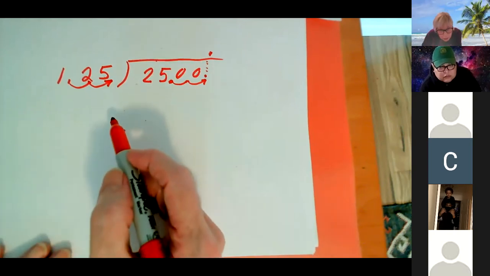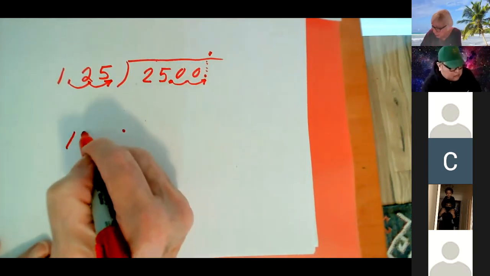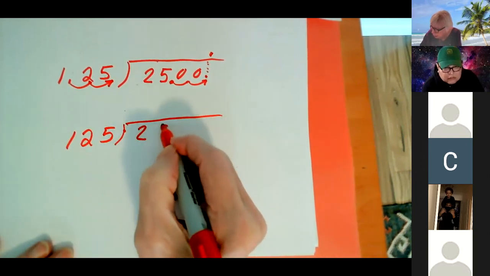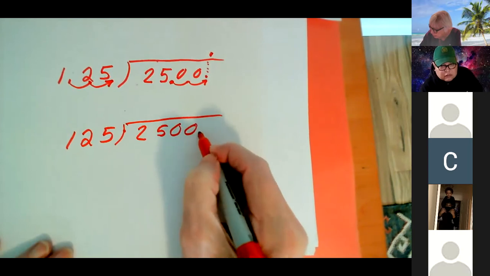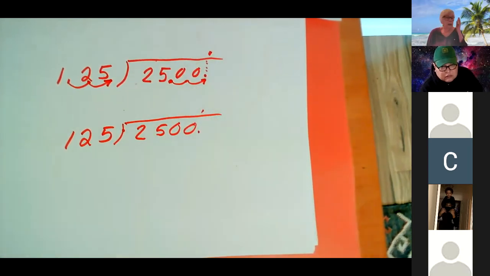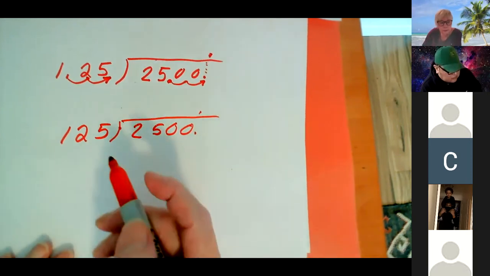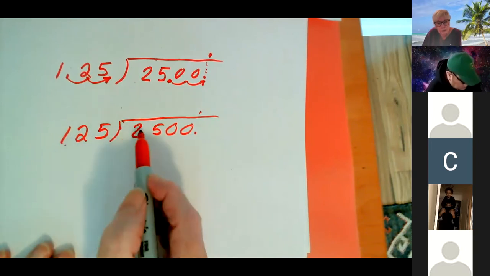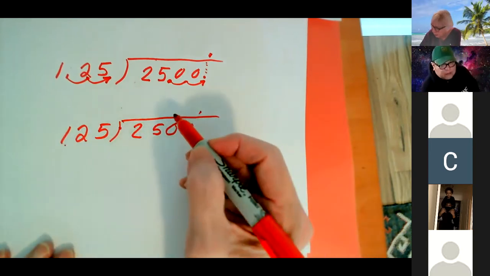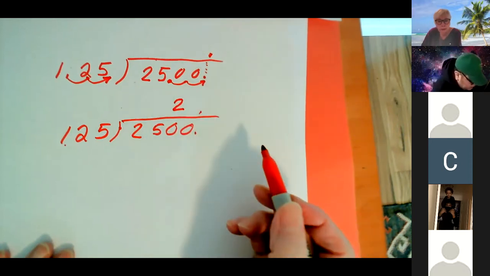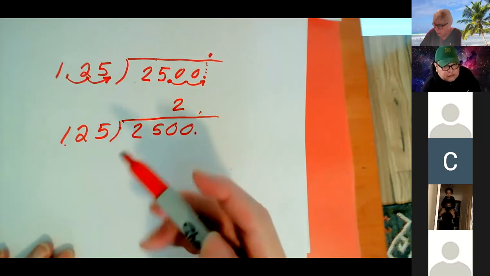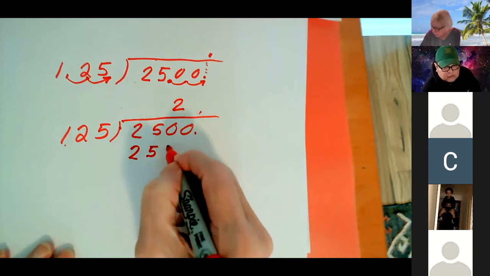Now, it depends on the person, but some people can't take a mess. And so if you can't take a mess, then rewrite it clean. Well, did I make a nice problem or what? 125 into 250 goes twice. 2 times 125 is 250.